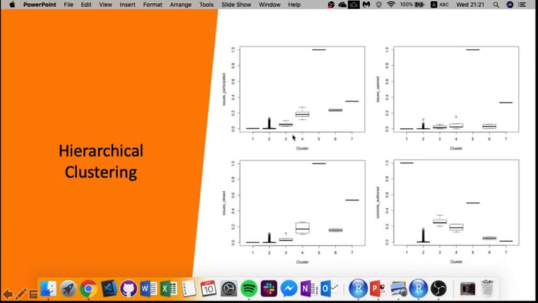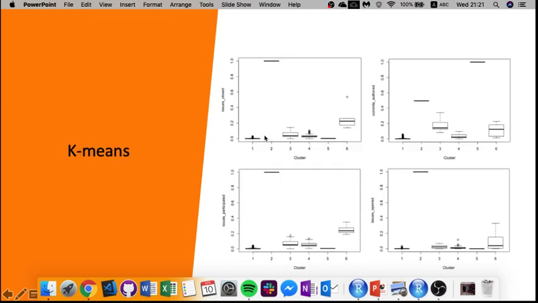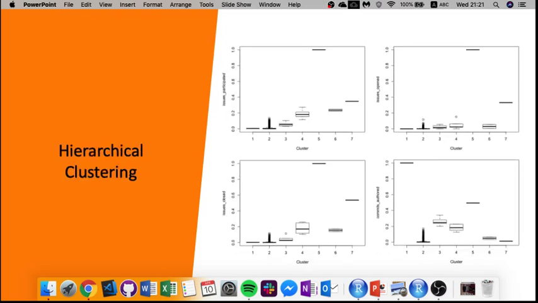If you remember from k-means, the first cluster had everything very, very low, and we couldn't make any logical explanation out of it. But here the first cluster has low issues participated, low issues opened, and many, many commits authored. And that's for sure, I think, a developer.